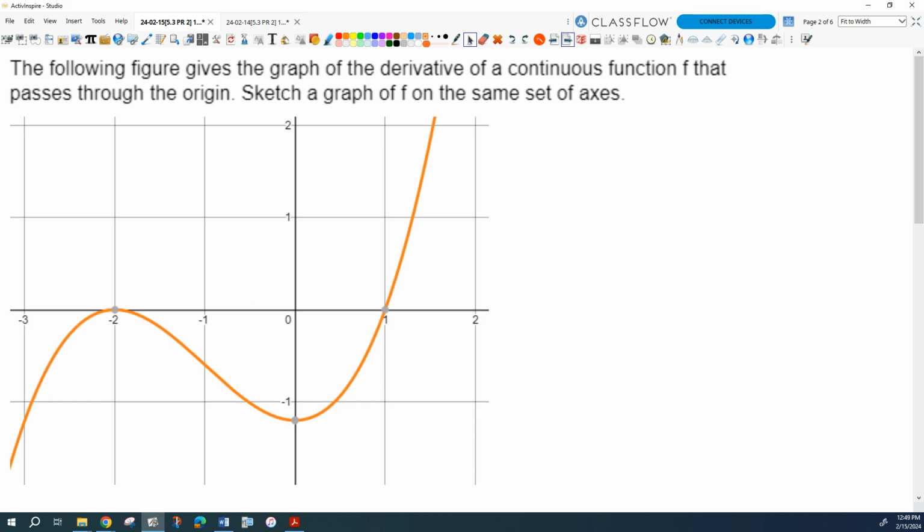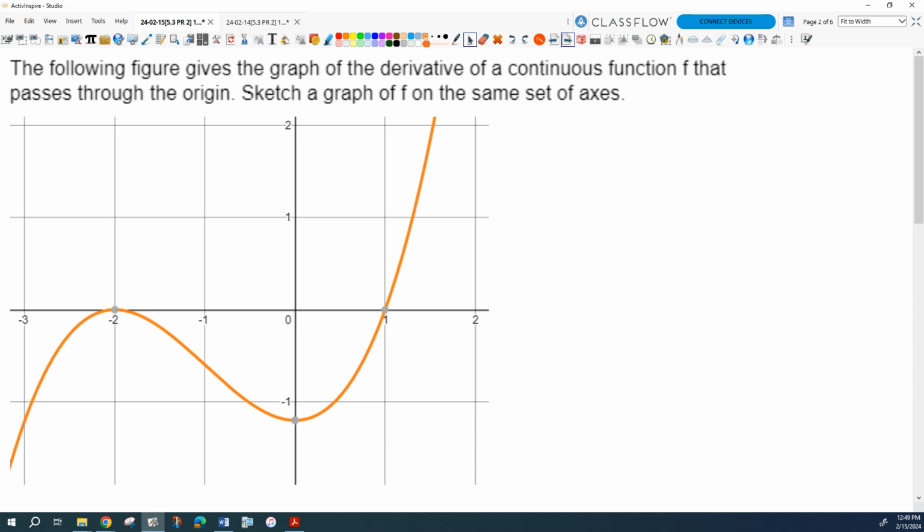Okay, how about this one? So this gives the graph of the derivative. What if we wanted to sketch a graph of the original function? Well, this one looks cubic, doesn't it? So what's the function going to be if that's the derivative? It's going to be quartic, isn't it?